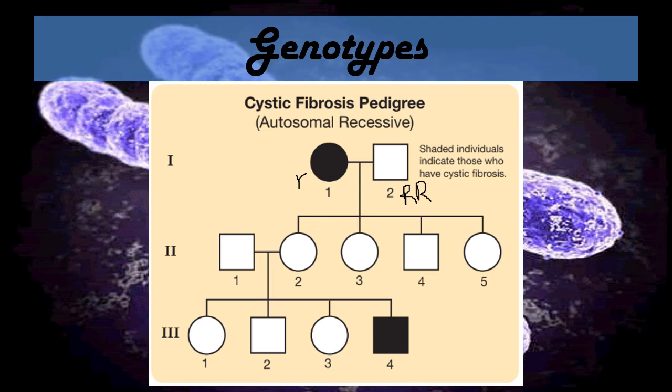The one thing I do know down here on generation 3 and child 4, they would have 2 lowercase r's, meaning an R would have to be here and an R would have to be here. Since they don't show the trait, they also have the dominant one.